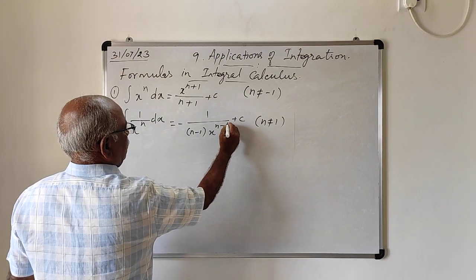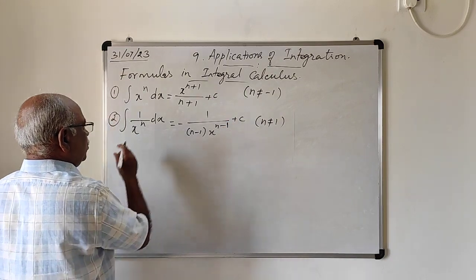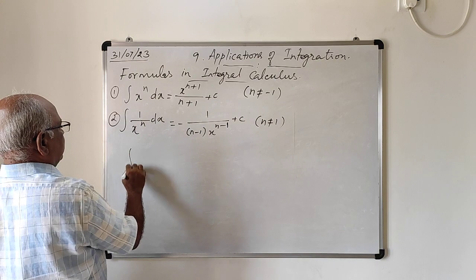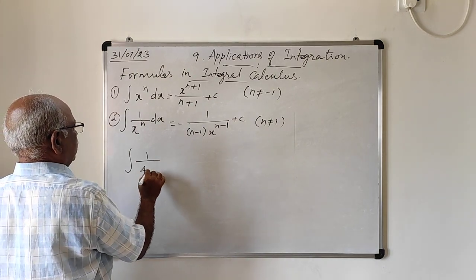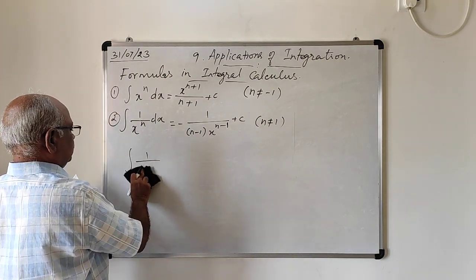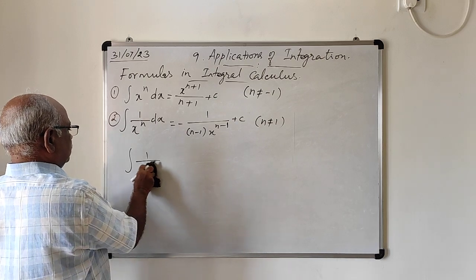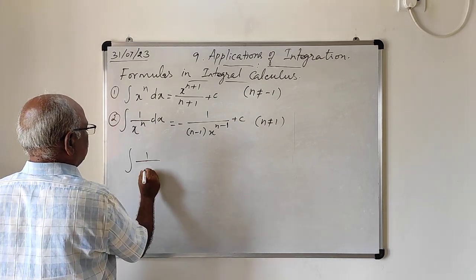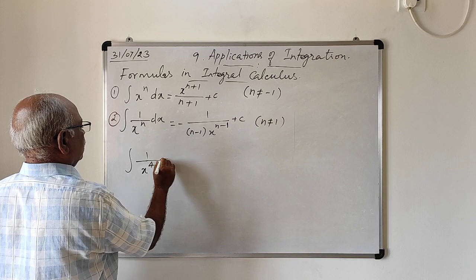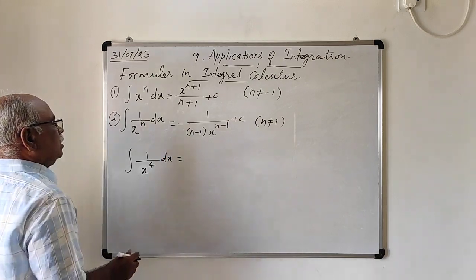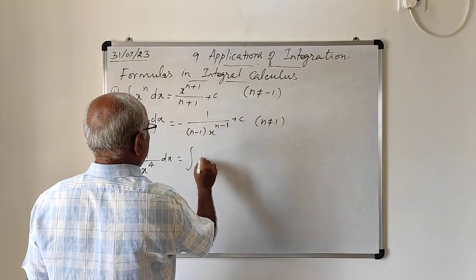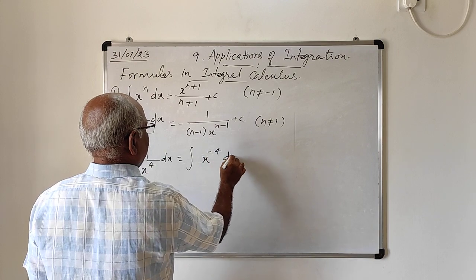See how we can establish this result. Consider the example 1 by x power 4. It can be expressed as x power minus 4 dx.